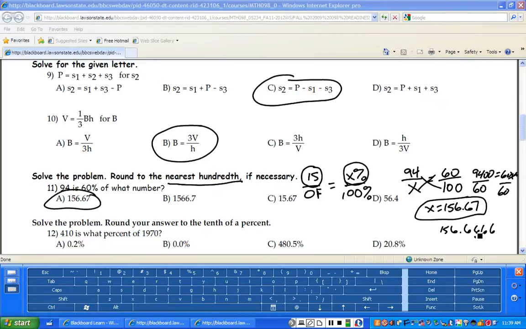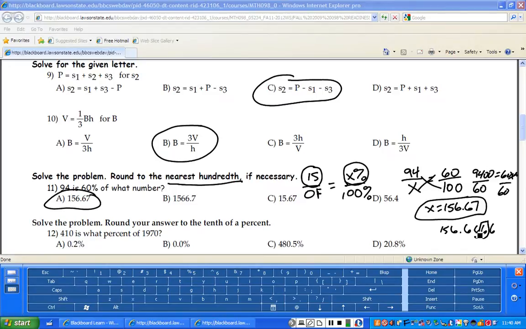So if we want to see if we're going to round this 6 up or keep it the same, we have to check the number just to the right of it. Now, if that number to the right is between 0 and 4, then this 6 in the hundredths place will stay the same. But because this number that we circled to the right is greater than 4, a 5 to a 9, that makes this 6 round up to a 7. So that's why over here we have 0.67, because the circled 6 makes this 6 round up to a 7 in the hundredths place.